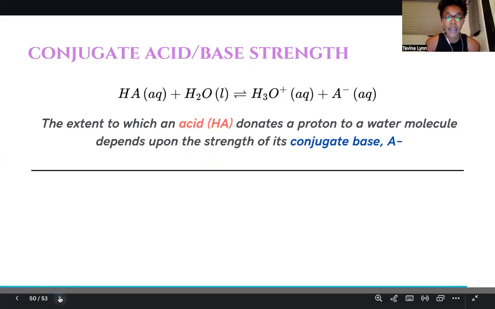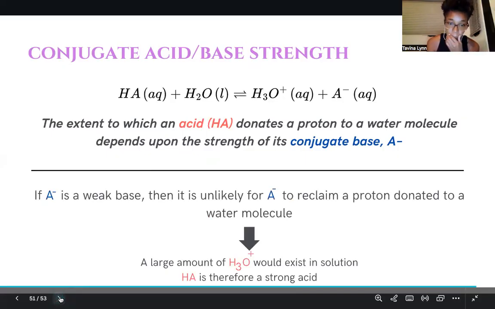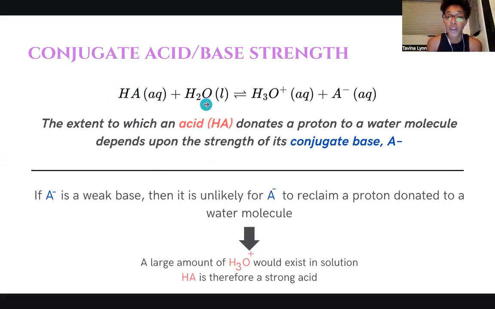So let's look at if the conjugate base is a weak base. Once the acid donates this proton to the water, it is unlikely that the base will reclaim that proton. And so we would see a shift to the right, so that proton would basically be happy with water in forming this hydronium ion.